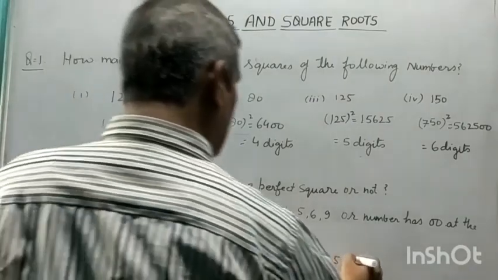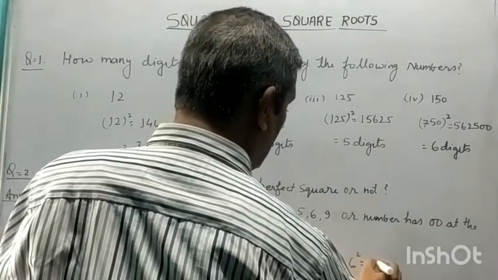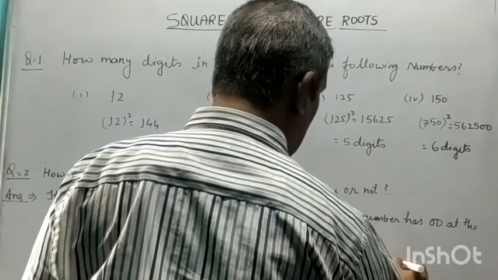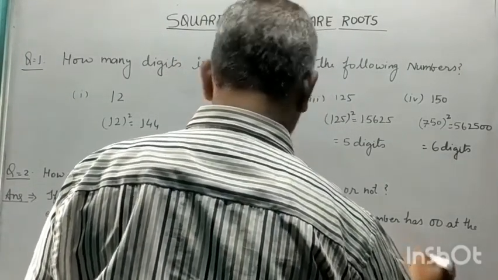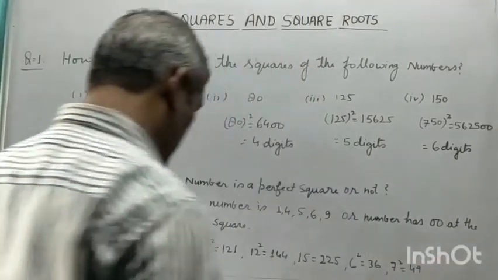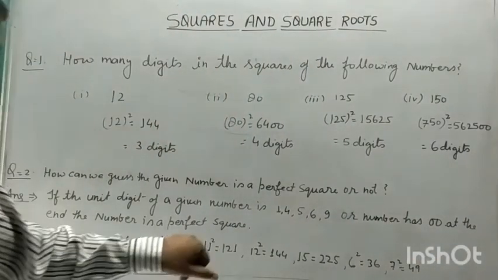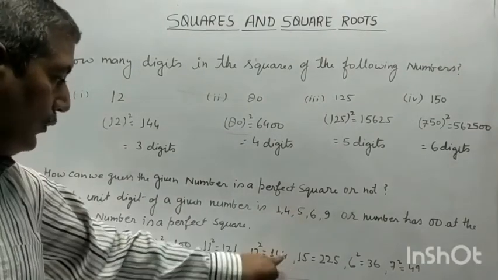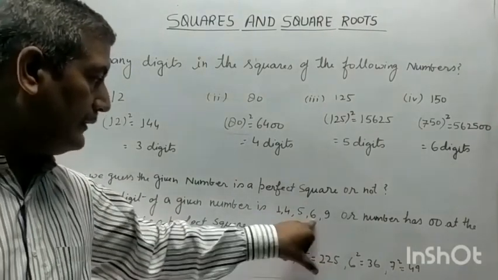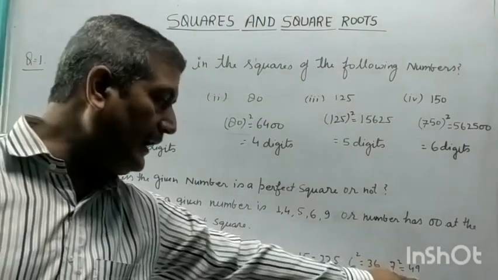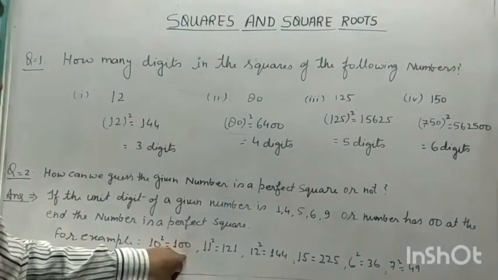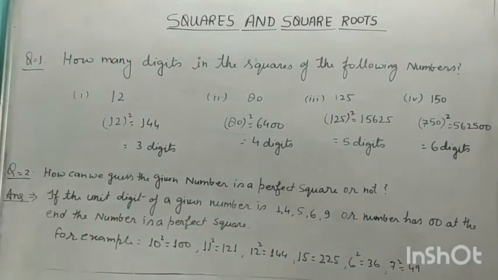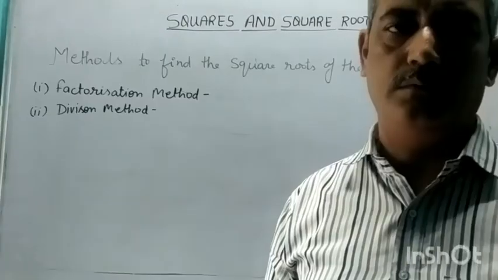The square of 6 equals 36, ending in 6. The square of 7 equals 49, ending in 9. So we see that 00, 1, 4, 5, 6, 9 come at the unit place of the squares of the given numbers.